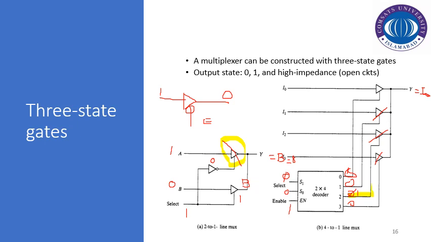This gate is enabled and the other gates are disabled. Now the output should be equivalent to I2. So with this mechanism we can implement a 4 cross 1 multiplexer by use of the tri-state gates and a decoder. So this is all for today's class, students.